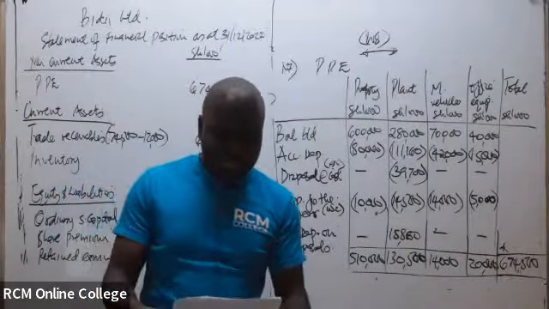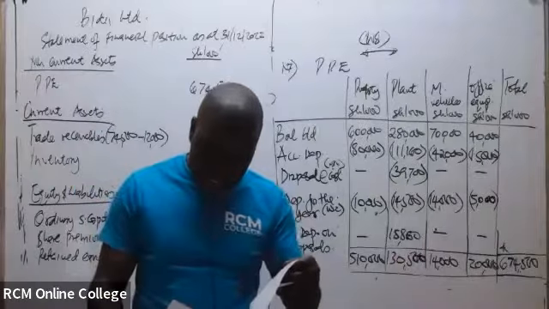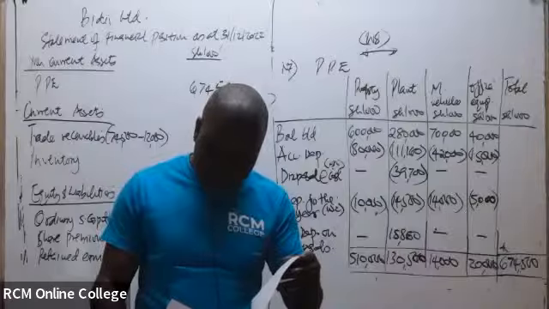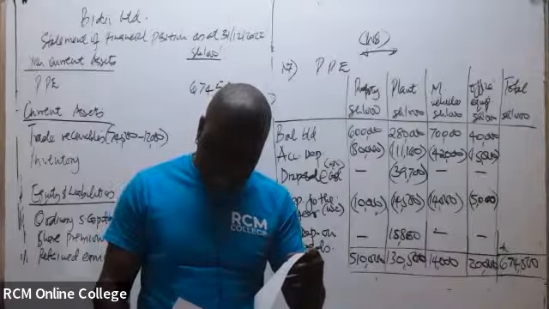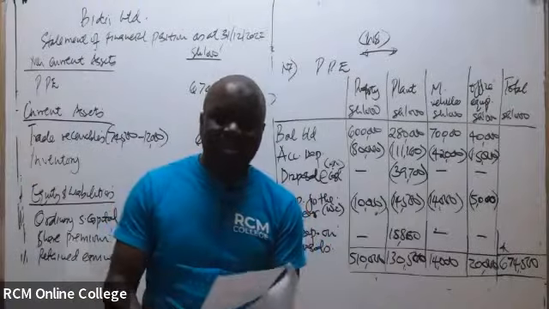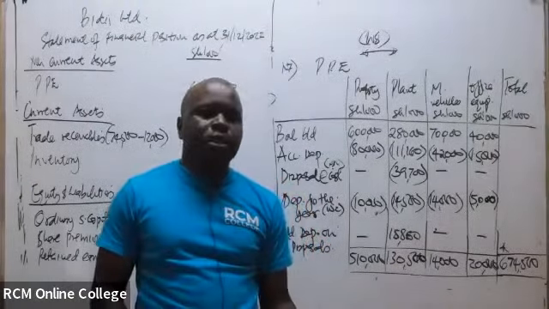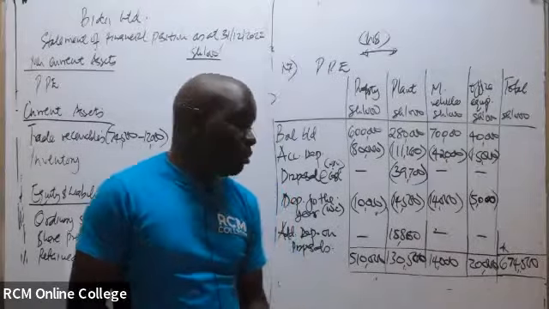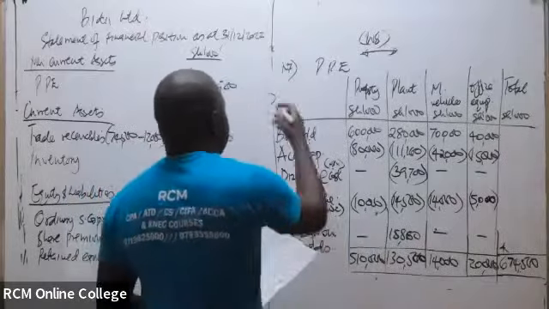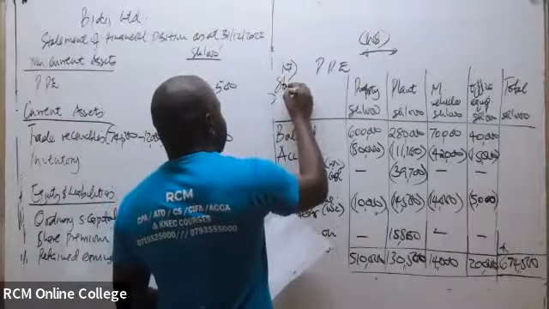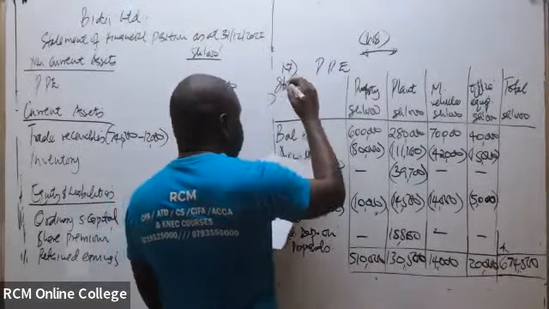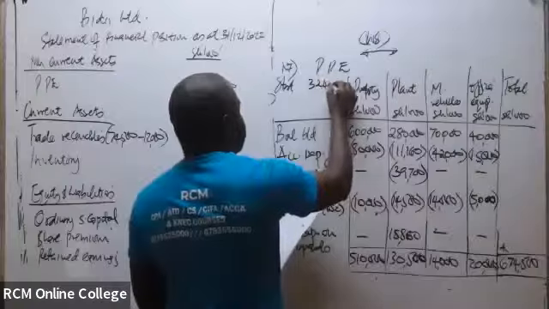So remember, in this case, the figure of deferred tax you've been given in the trial balance is the deferred tax at the start of the year. You're told it was 32,400.